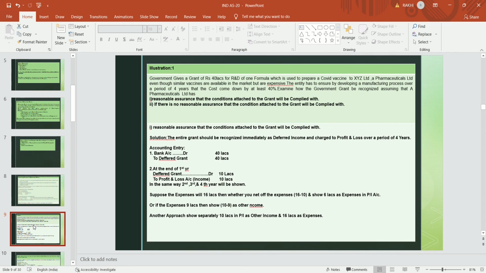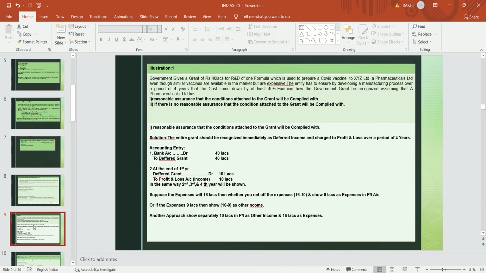Means, in this example, the government has given 40 lakh rupees for research and development to XYZ Limited, a pharmaceutical industry, for making a formula for a COVID vaccine. Even though the vaccine is present in the market, it's too expensive. So in order to reduce the cost of that vaccine, the government has asked the company to make a formula for the vaccine, and has given a grant of rupees 40 lakhs.